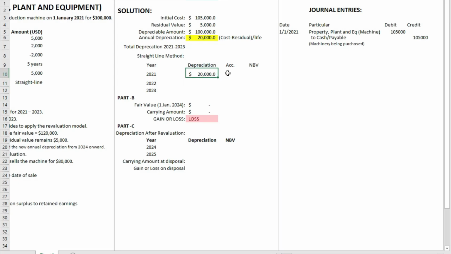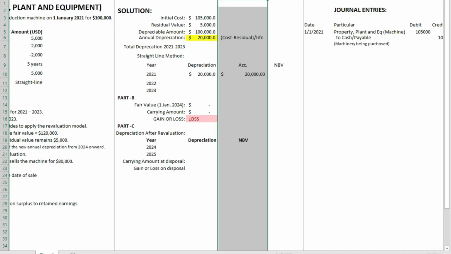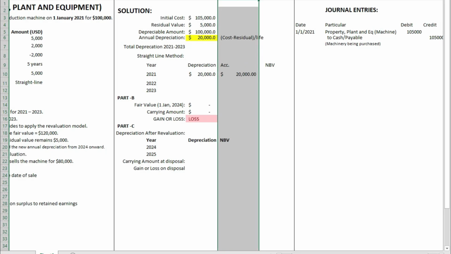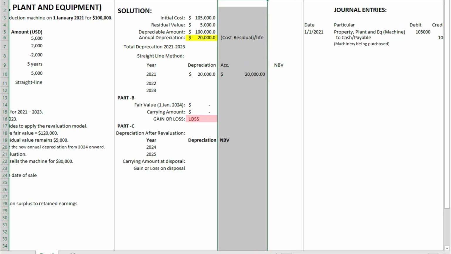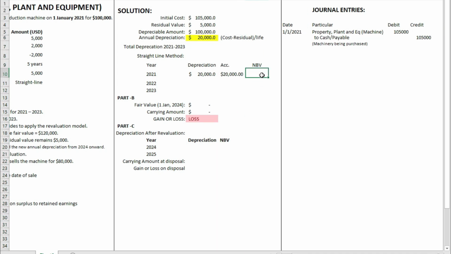So 20,000 was our depreciation, and the accumulated depreciation would be 20,000 also. And the net book value would be the initial cost minus our depreciation.